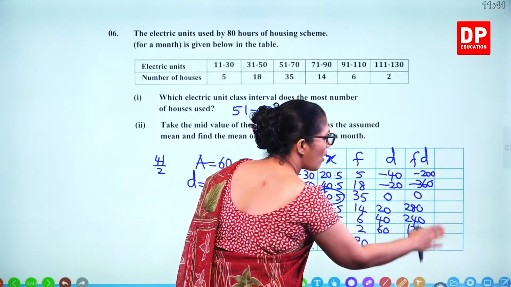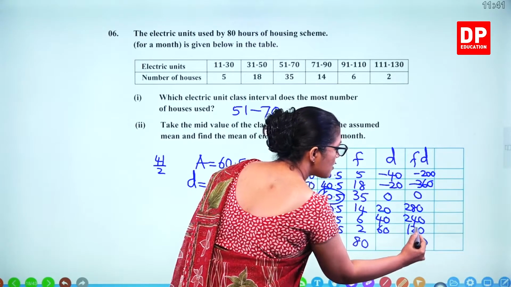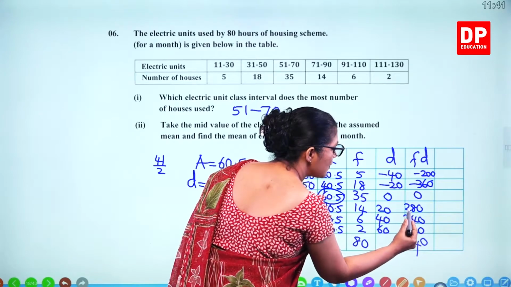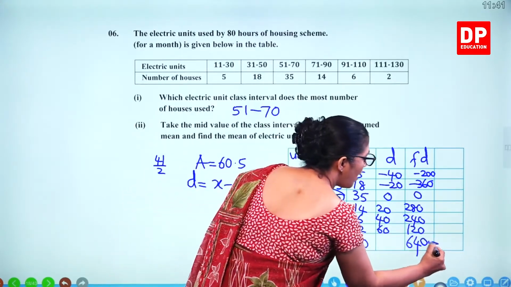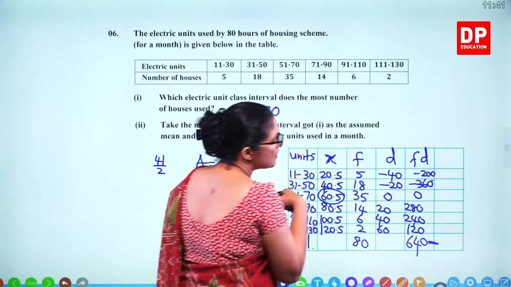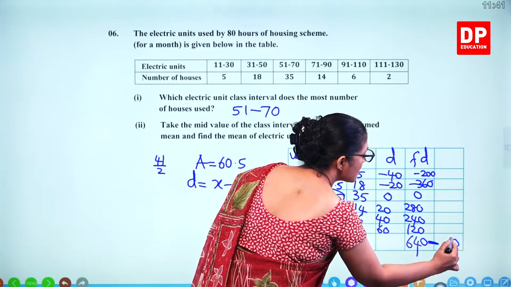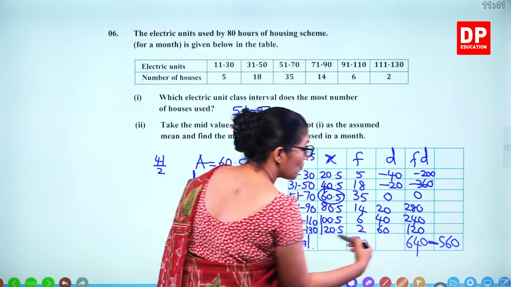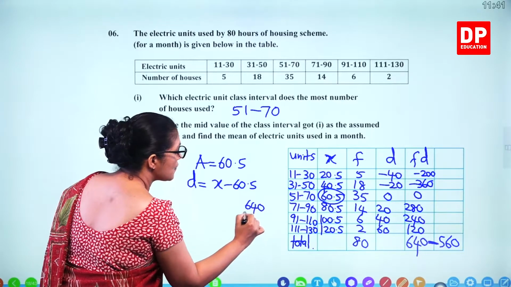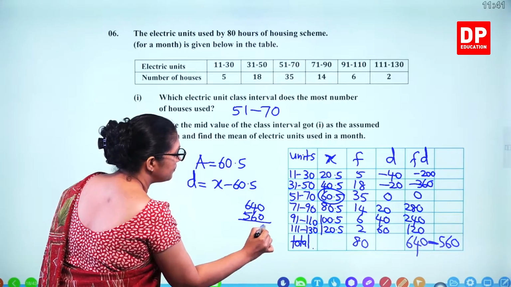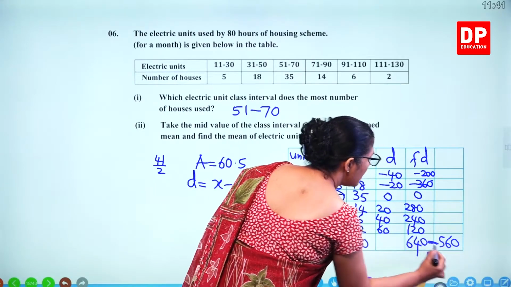You don't need this column, so I'll write all the answers here. 8, 10, 14, 1 remaining. 3, 4, 5, 6. Minus. What's the addition of negative ones? 6, 5. So when you subtract 640 minus 560, 80. So this is positive 80.